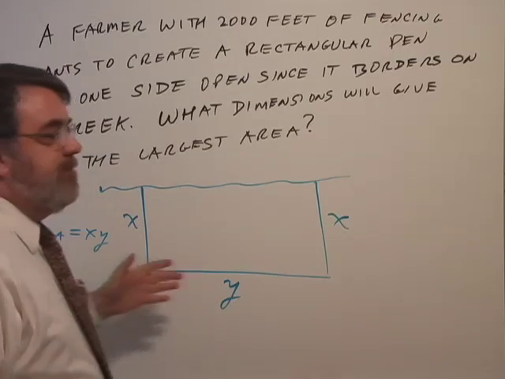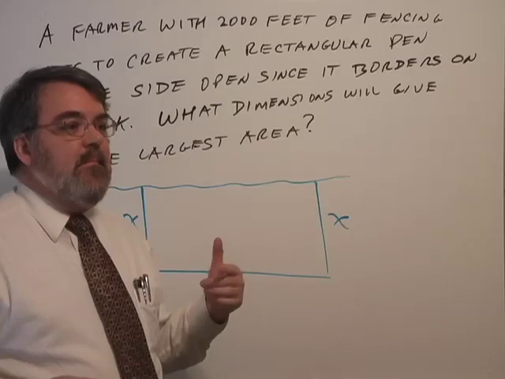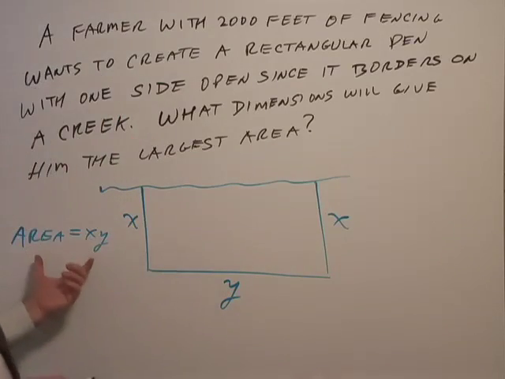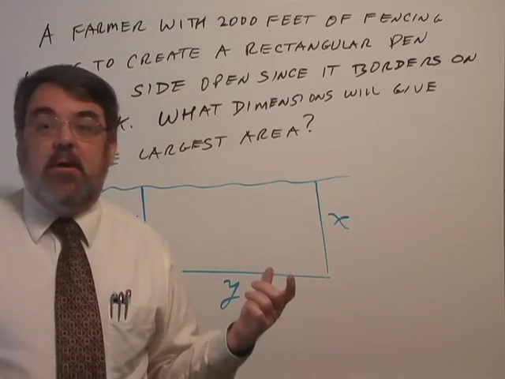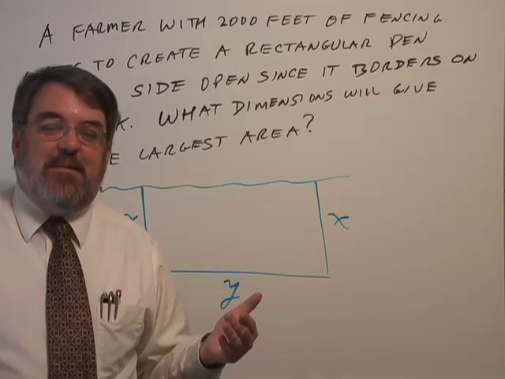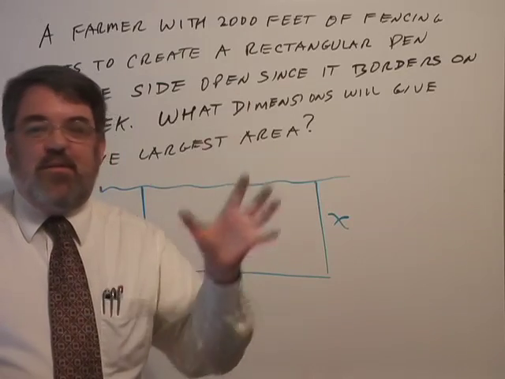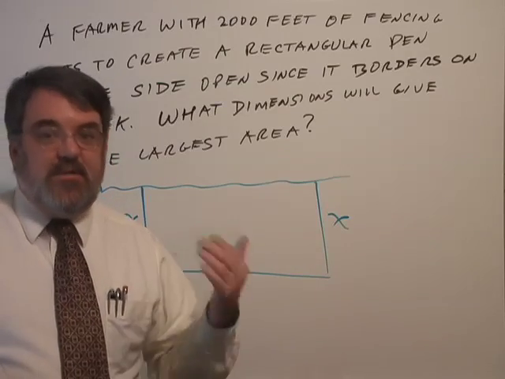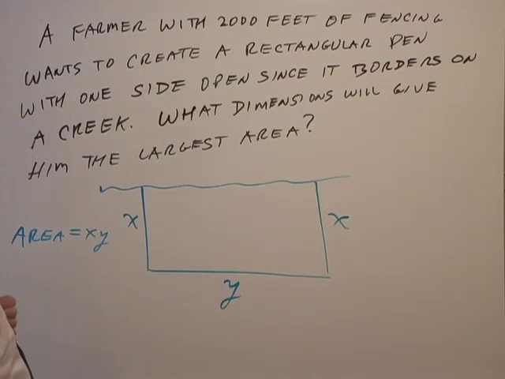But in order to maximize or optimize the area, we need to turn this function into a function of a single variable. Now you studied that in a previous section on math modeling, where we took physical situations and turned them into functions of a single variable. So we're going one step further with that process now.